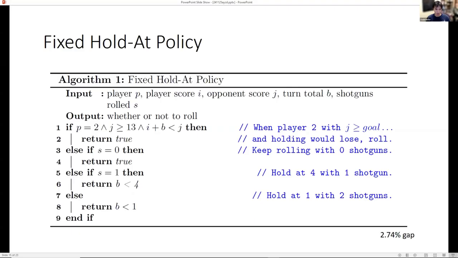And the third case, when there are 2 shotguns set aside, is much riskier, so the player is going to try to reach 1 brain for the turn. So this policy closes the gap compared to the optimal play to 2.74%, and just by remembering 2 constants.